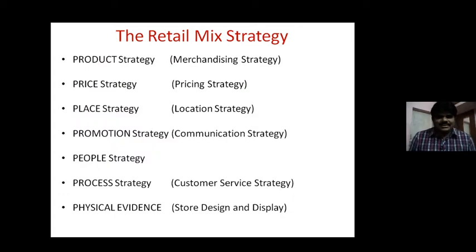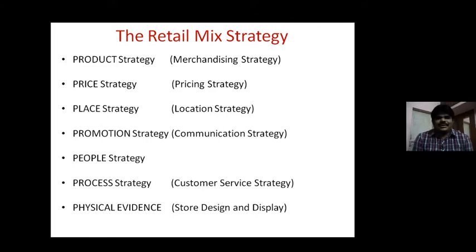So there are 7 components in retail mix strategy. They are product strategy or merchandising strategy, price strategy, place strategy or location strategy, promotion strategy or communication strategy, people strategy, process strategy or customer service strategy, and the last one, physical evidence strategy or store design and display strategy.